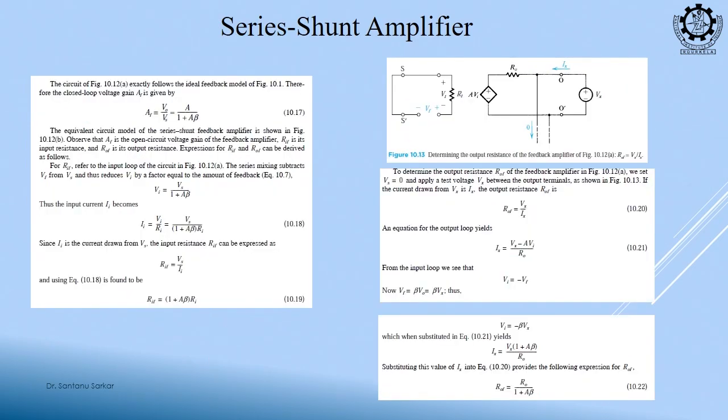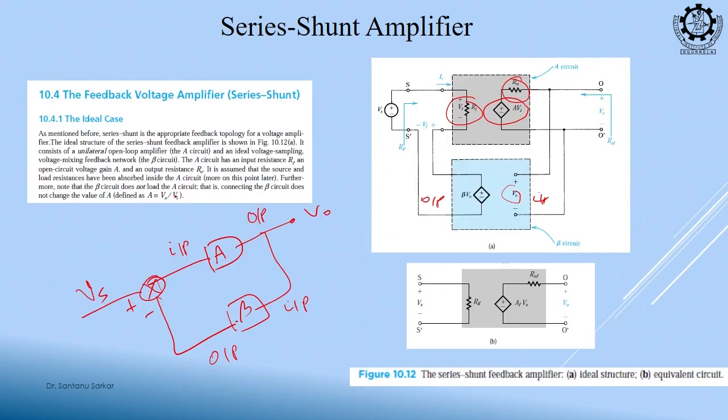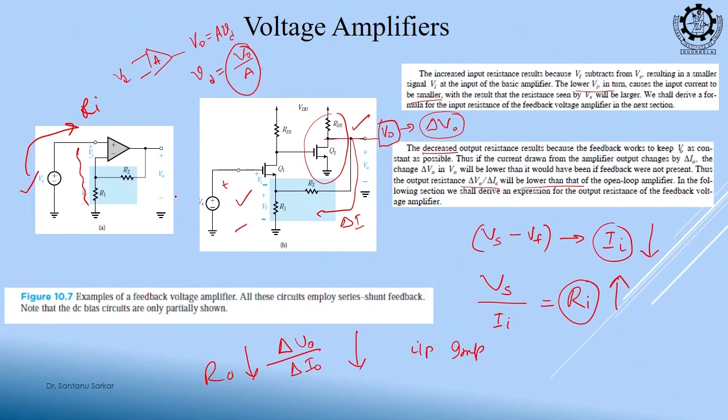Now we will have to calculate this Ri and Ro. Okay. So, as we discussed, because of this negative feedback this difference voltage is reducing, right, Vs minus Vf.